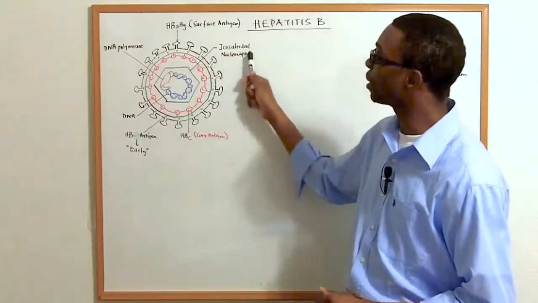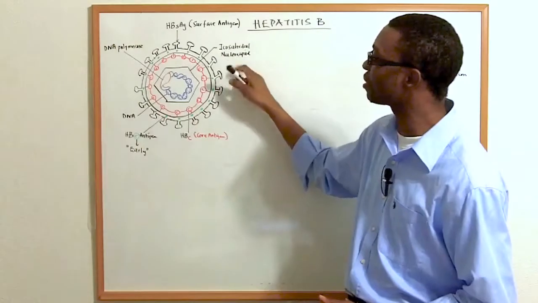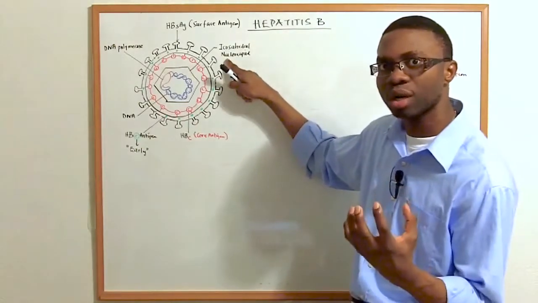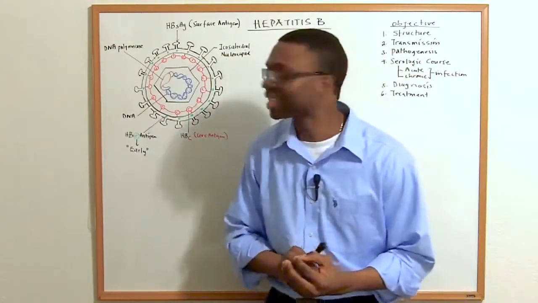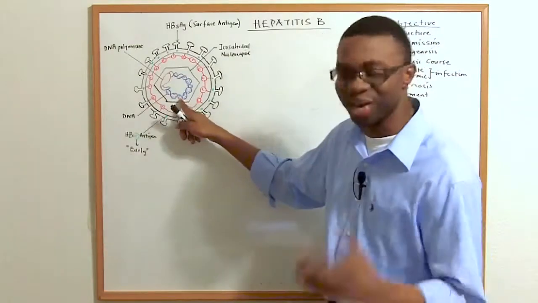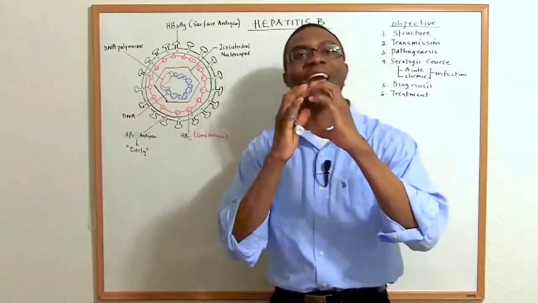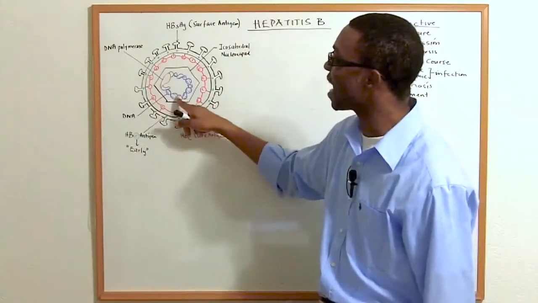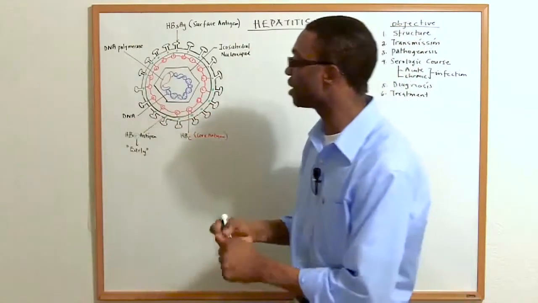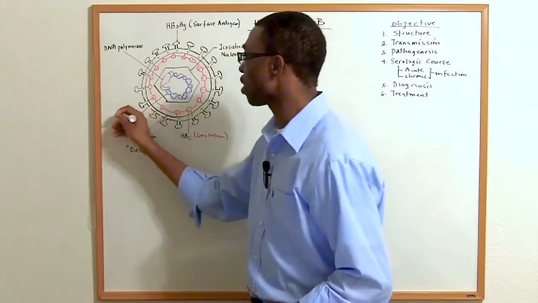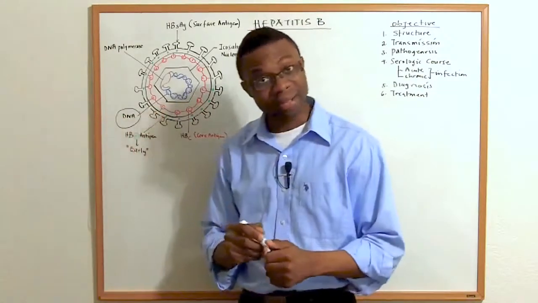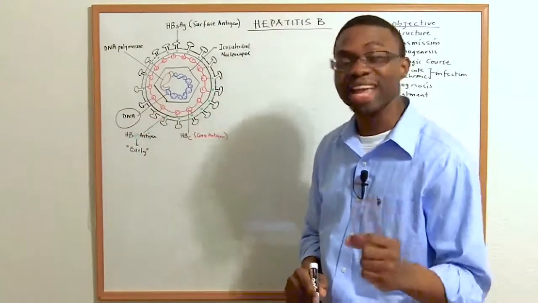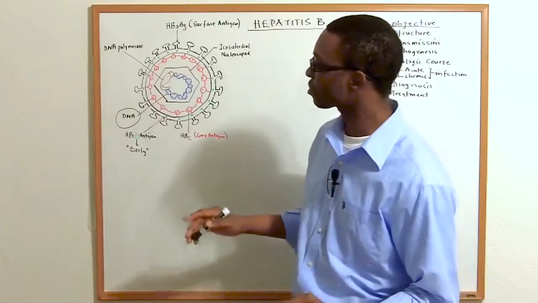But it's a nucleocapsid, from the word nuclear. What do you think is in the nucleus? DNA. Very good. So the nucleocapsid of the virus actually encases the DNA of the virus. So hepatitis B is a DNA virus.